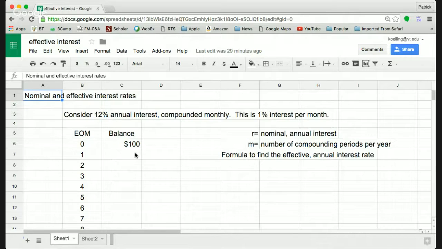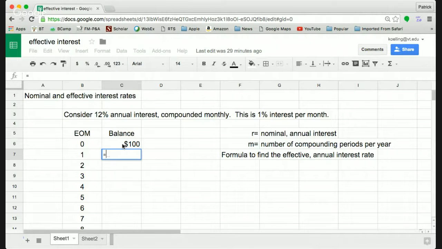So let's calculate what happens to $100 as it grows during the year. End of month and the current balance. We start off with $100. At the end of the first month, the $100 would have grown by $1, 1% of 100.